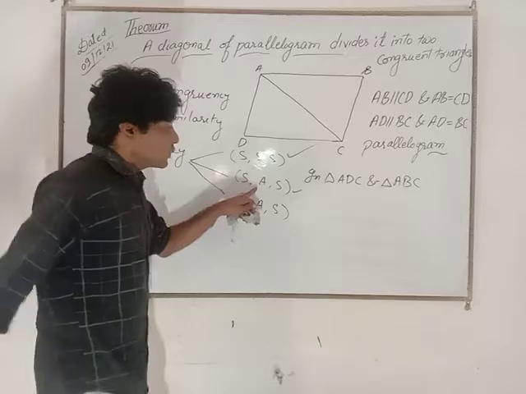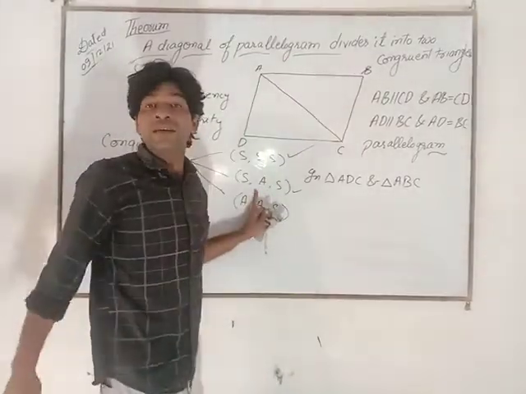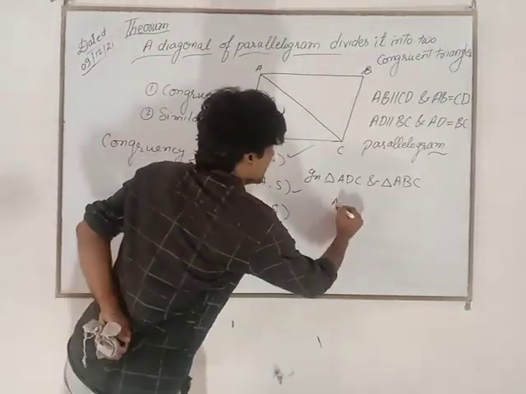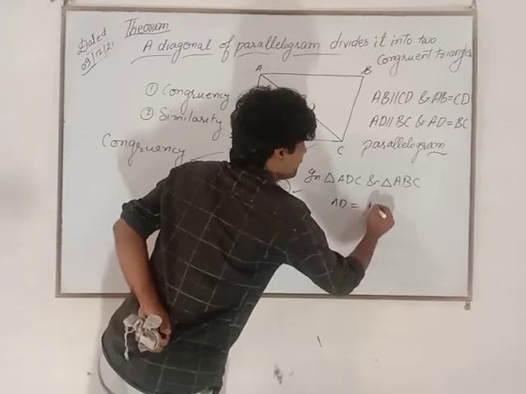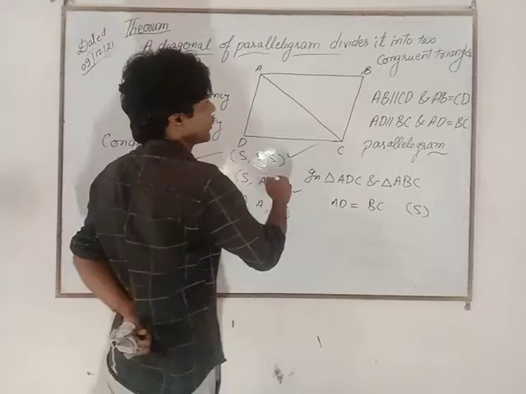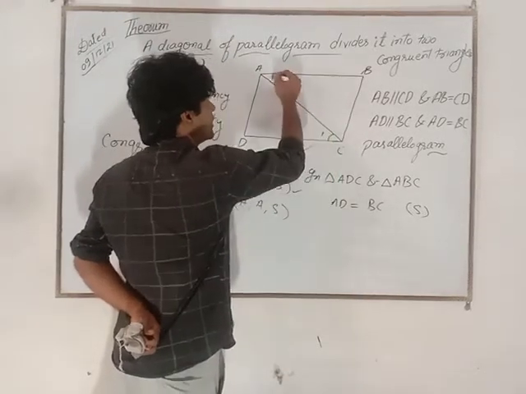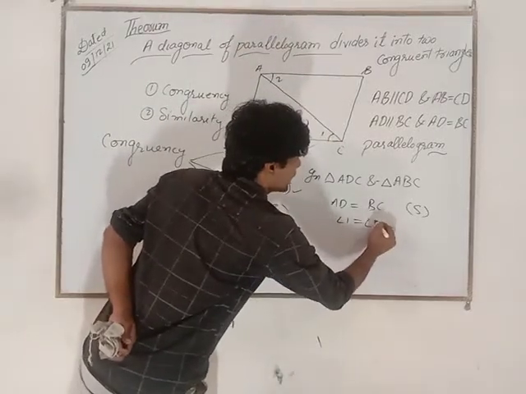Come on, now second criterion, I am making these both triangles congruent to each other, right? When diagonal divides it. Come on, here AD is equal to BC, one corresponding side. Now one more, this angle, suppose that this angle 1 and this angle 2. Clear? Angle 1 is equal to angle 2.